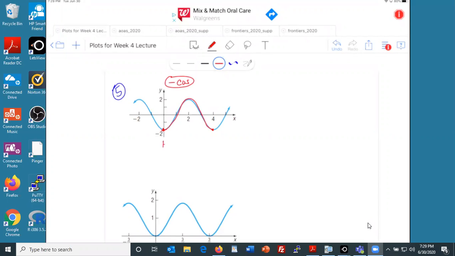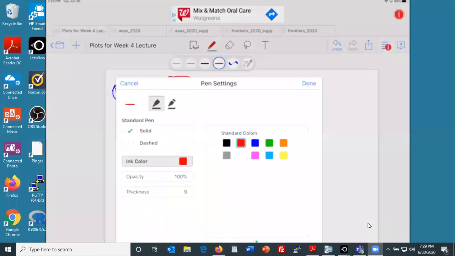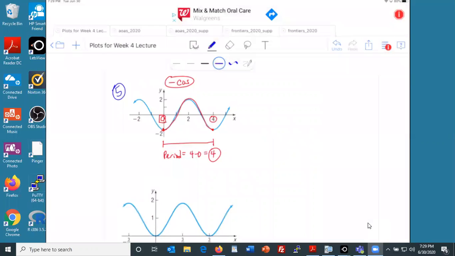Now, what's the length of that? So from the first point to the last point of the negative cosine shape, that's going to give us the period, which is the length of that. And notice it starts at x equals 0 and goes to x equals 4. So therefore, the period is 4 minus 0, a length of 4, or a period of 4. And then if we use the height, let's use the maximum point.